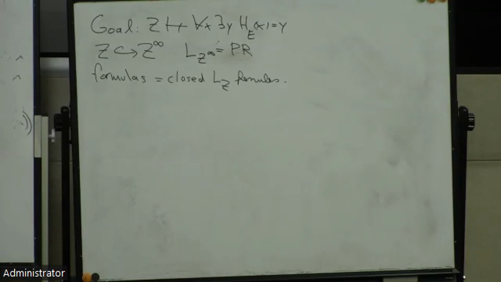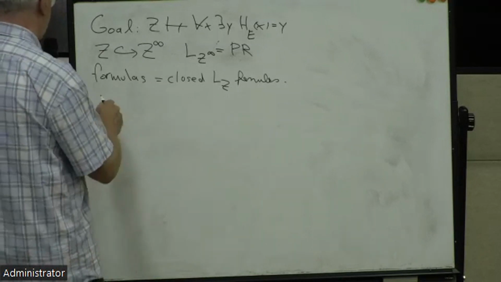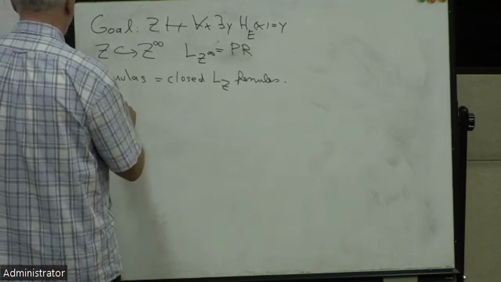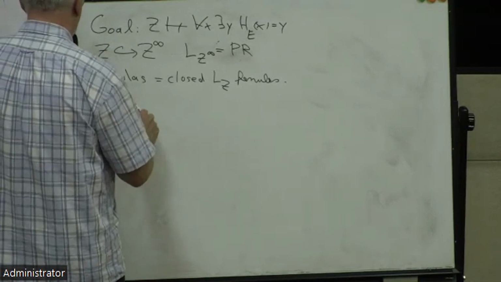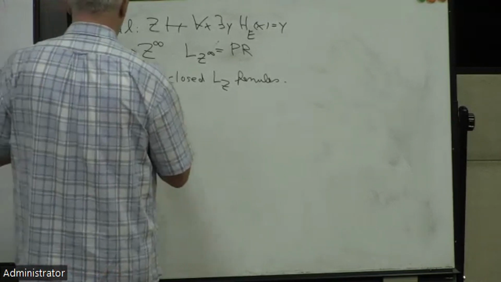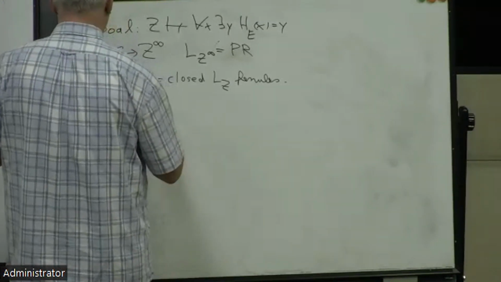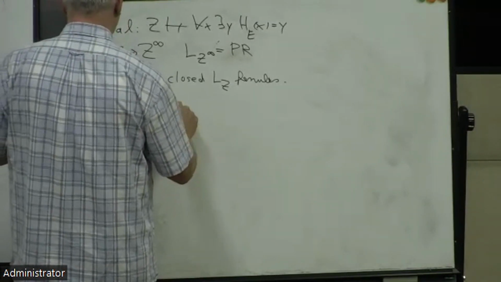Now, every closed formula can be evaluated. So in the closed formula, there are showing up closed terms, primitive recursive terms. And there's a standard semantics to evaluate these closed terms. So they have a definite truth value. So by true, I denote the true atomic formulas.